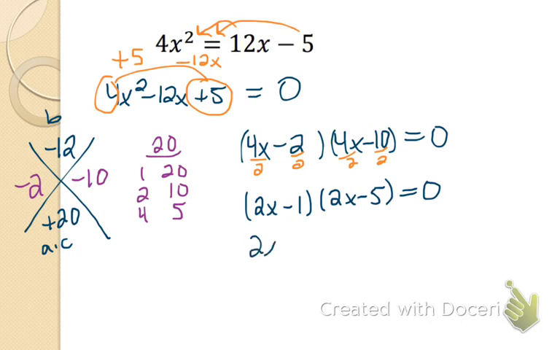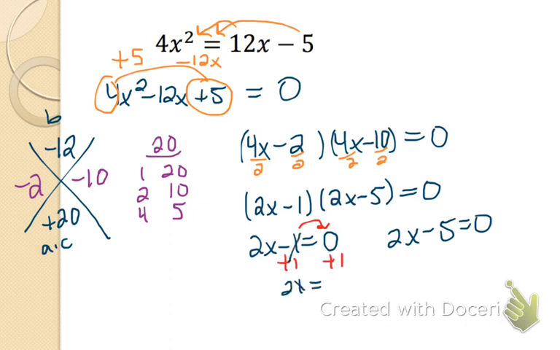Next, we set each individual binomial equal to 0. And then we solve for x. So we move the 1 over by adding. We get 2x is 1. Then we divide by 2. Keep your solution in fraction form.